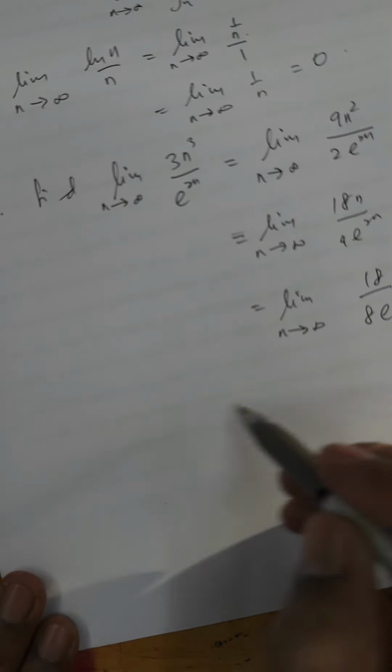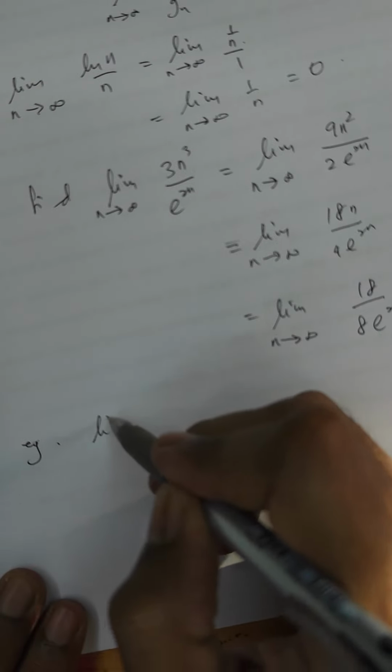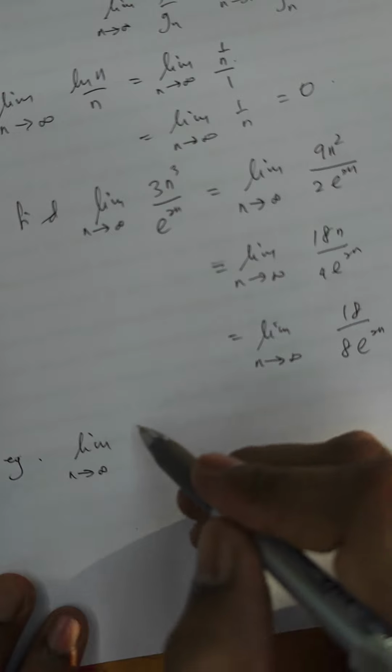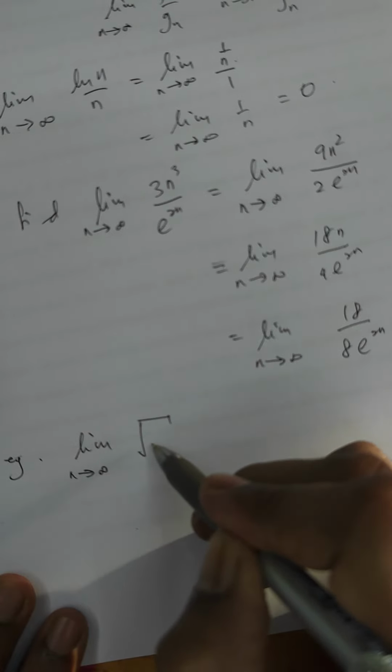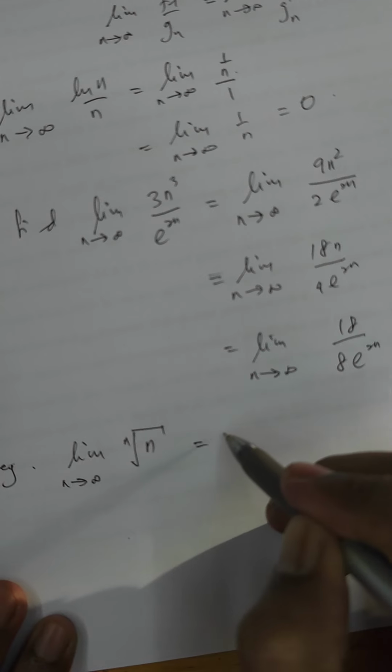So I have those examples. Now, what about this? If you want to find the limit as n goes to infinity of n to the power 1 over n.